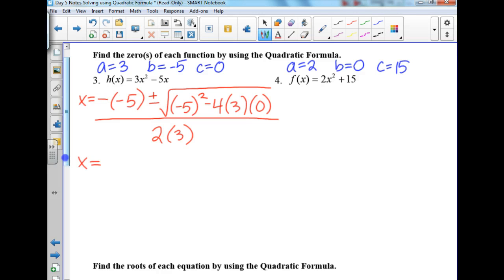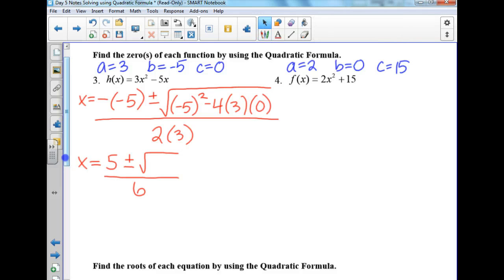So then we can do a little simplifying there. So these two negatives become a +5, plus or minus. And we'll simplify that square root a little bit. So what's under the square root? 25. Yeah, it should just be 25.